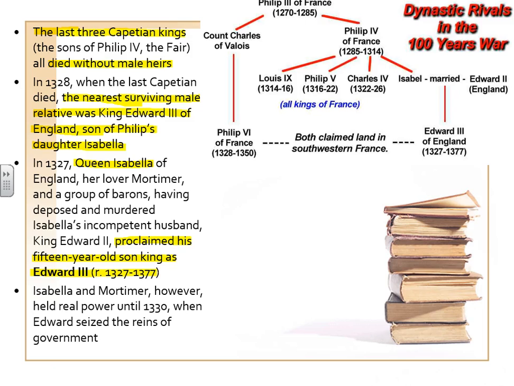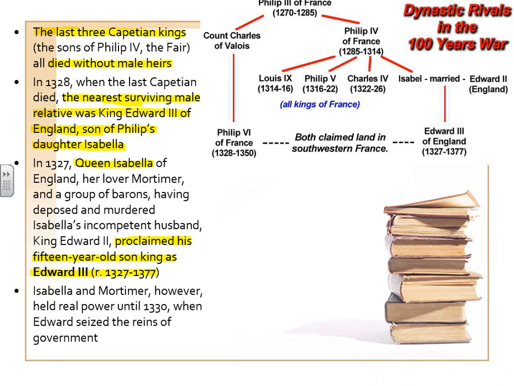But at his ascension, he has not yet reached the age of majority, and that's a term you need to be familiar with. The age of majority is when a king is old enough to rule kind of under his own steam. Until that age has been reached, which usually is the age of 18, the king will have a series of advisors that will help him make decisions.